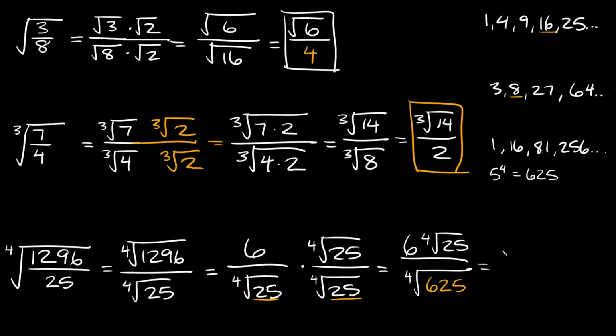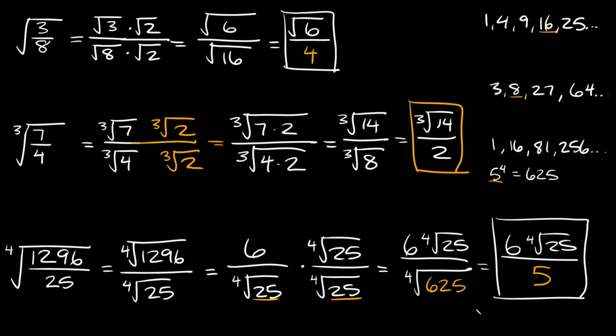Okay, so if we simplify this one more time, on top we have 6 times the fourth root of 25 over, let's see, the fourth root of 625, which we saw is just equal to 5, right? So then we just have a 5 down here. So then this would be our final answer.